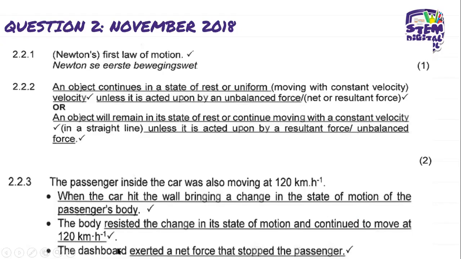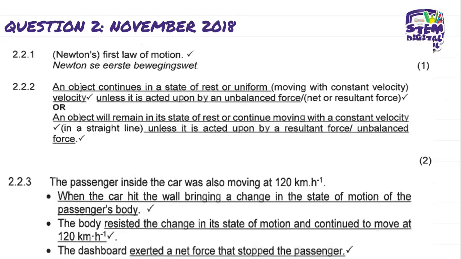So when the car hit the wall, it brought a change in the state of motion of the passenger's body. Now, what does that mean? The passenger was moving forward. When the car collides with the wall, there is a force that the wall applies on the car, which is a backward force.